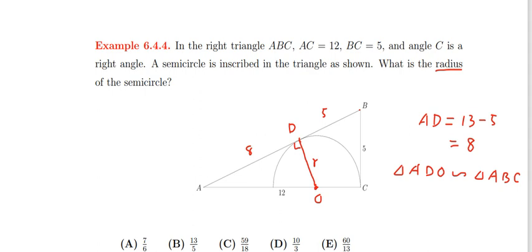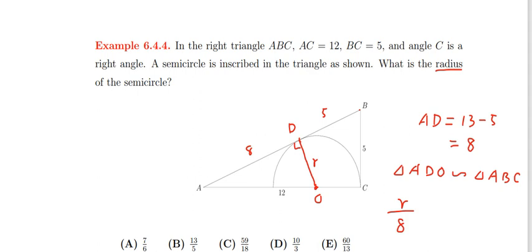Say the two large triangles are similar. So we have this: R over 8. This is the ratio from this small triangle and the large triangle, right?